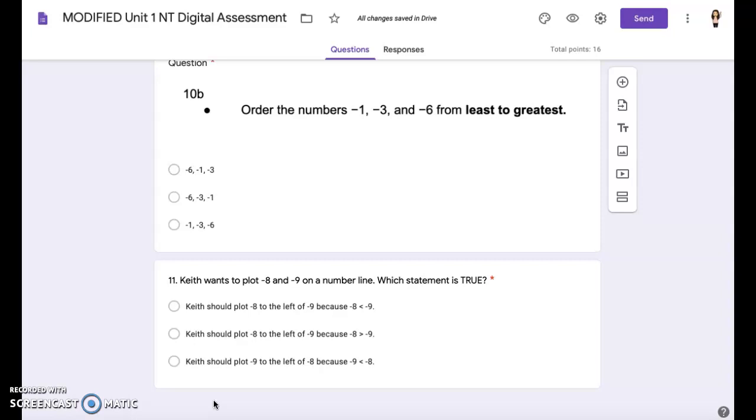Keith should plot -8 to the left of -9 because -8 is greater than -9. Or Keith should plot -9 to the left of -8 because -9 is less than -8.